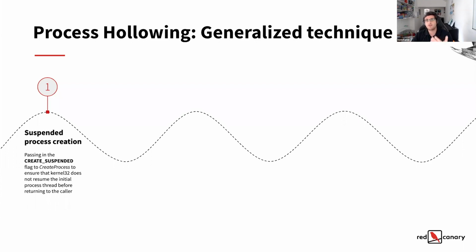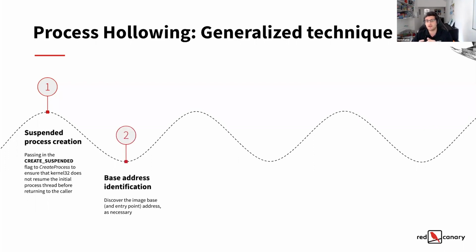But prior to returning to user mode, should CreateProcess not be called with the create suspended flag, then kernel32 will automatically instruct NT to resume that process. So this flag simply means, if I've called CreateProcess with CREATE_SUSPENDED, please don't go to the kernel and request a resumption of the process prior to returning to user mode. This allows them to pause the execution and continue the attack.